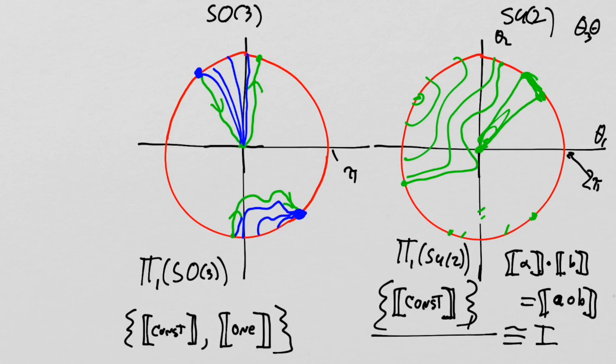And the fundamental group of SO3 has 2 elements, and it's isomorphic, kind of obviously, I think, to the group with the identity element and minus the identity element, right?